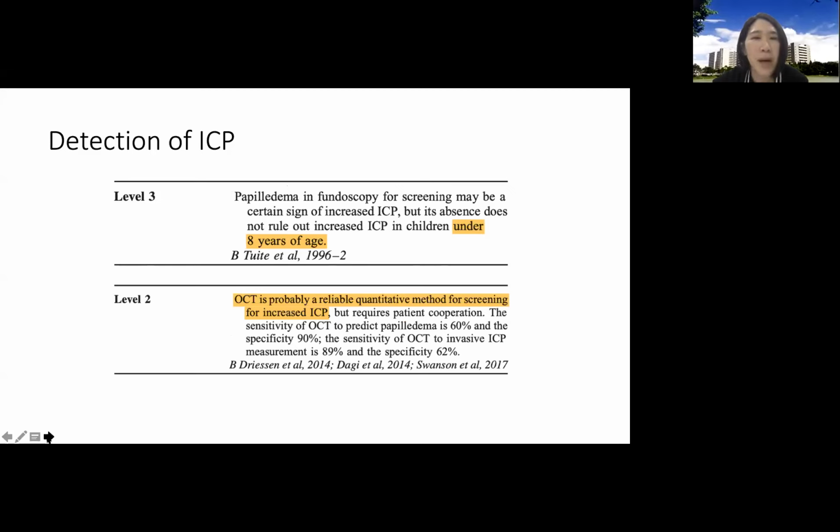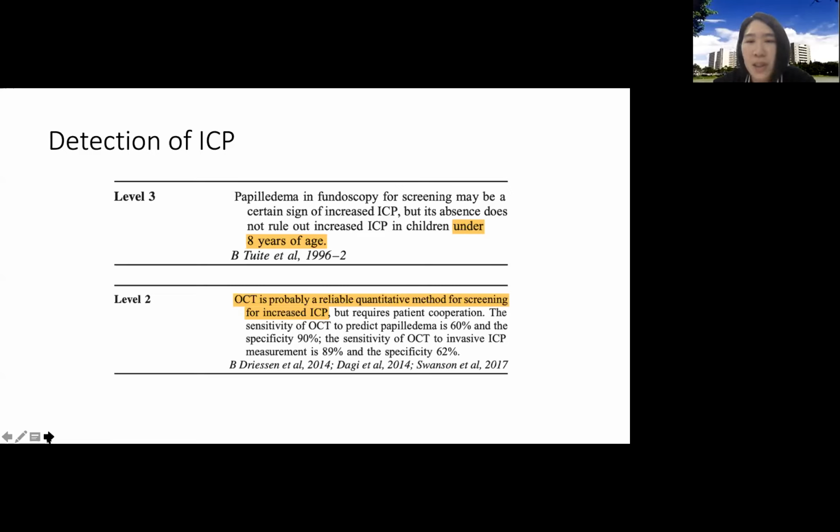Papilledema found on fundoscopy: its absence does not rule out increased intracranial pressure in children under 8 years of age. OCT is probably a reliable method for screening for intracranial pressure, but requires patient cooperation because there is a machine to do the OCT.